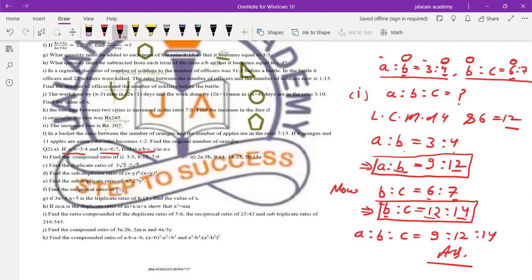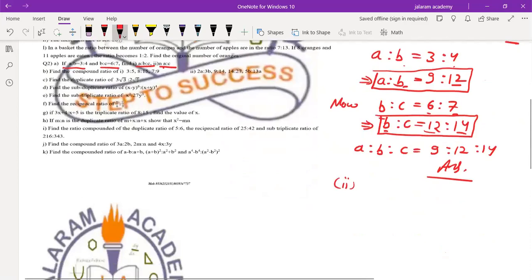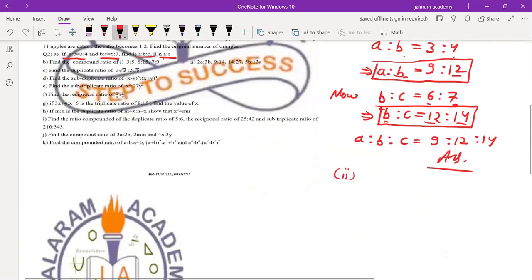And in second part, we have to find nA is to C. So how to find this nA is to C? We know that A is to B is to C is 9 is to 12 is to 14.